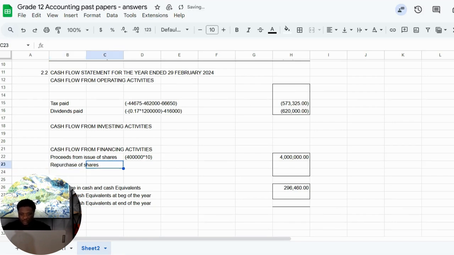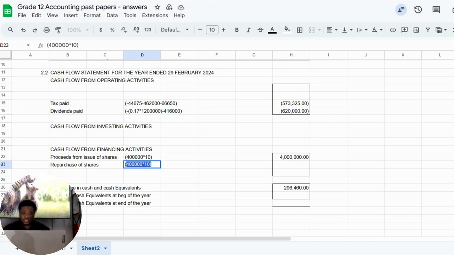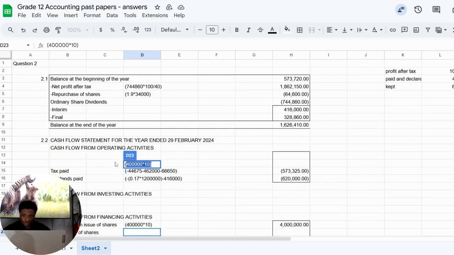And then the next thing is going to be the repurchase of shares. Now, when it comes to repurchase of shares, we would first take the amount that is in the repurchase of shares in the retained income note. So that is 64,600, and again this is a minus.